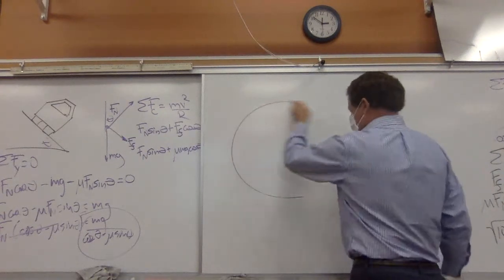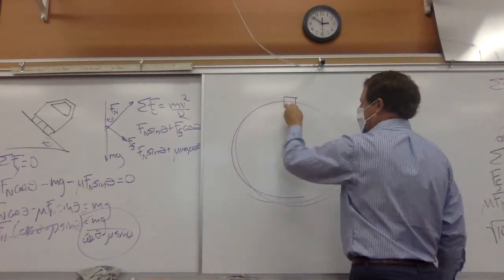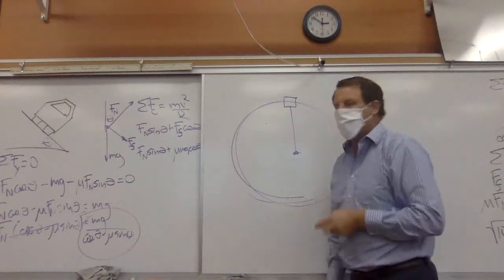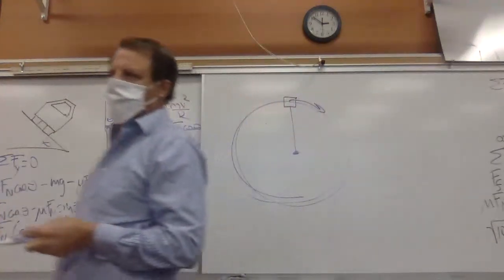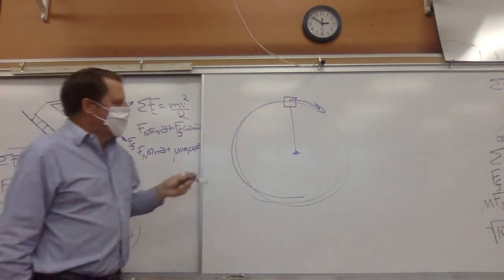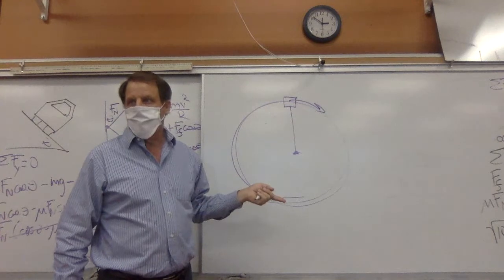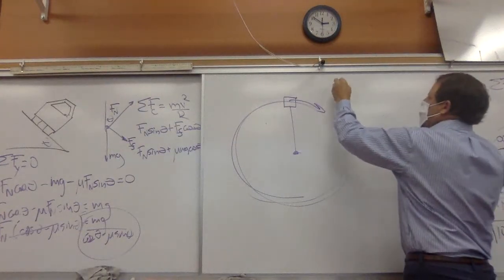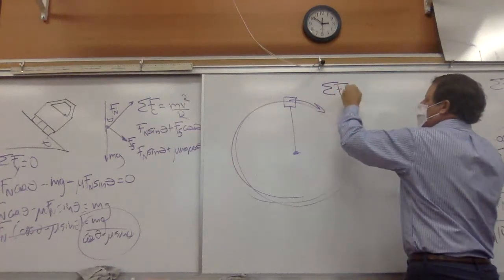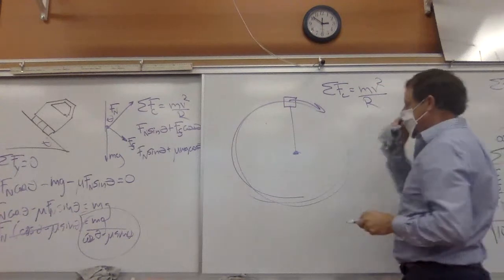So now, if we have a mass on the end of a string, and it's going in a circle, essentially everything is going towards the center of the circle, right? So now we can say that the sum of the forces towards the center is equal to mv squared over r.